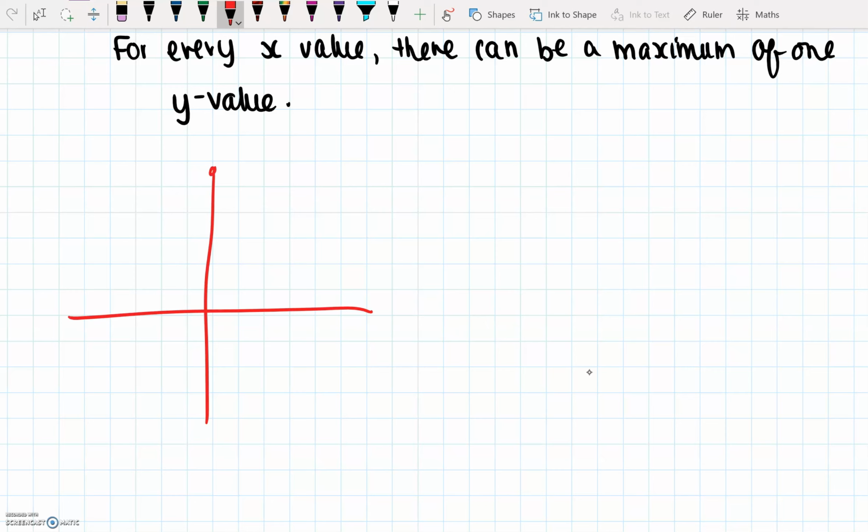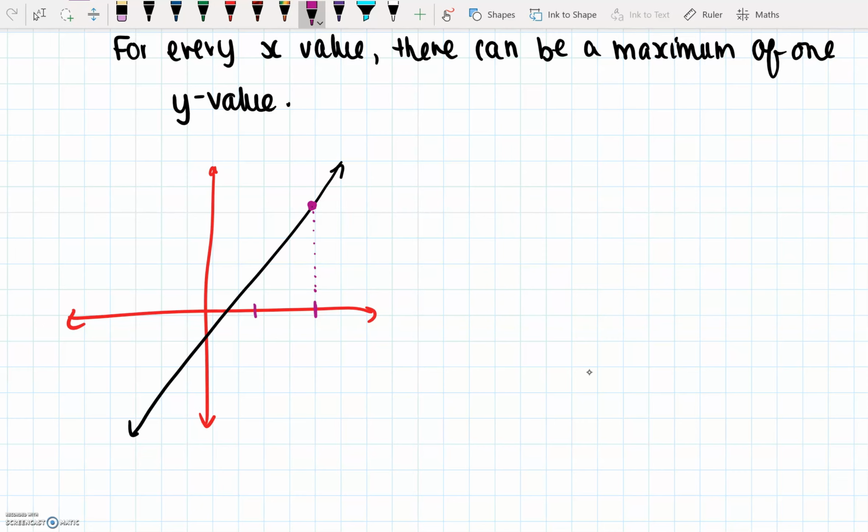All right, we have a coordinate plane. I'm just going to sketch it. I'm not going to do it nicely because I don't need to. Okay, let's draw a line like this. This is a line on a coordinate plane. And if we choose any x value along this line, you will see that you only get one y value. So if we say x is over here somewhere and we draw a line up, you can see it only touches the line once.